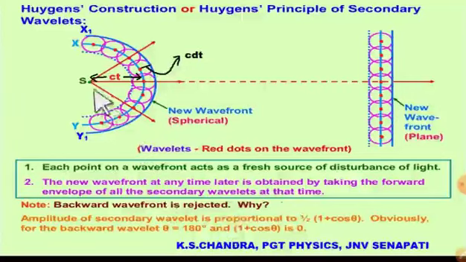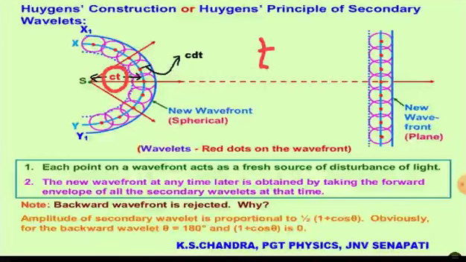Now you take a point source at this S. At the point S here, you take a point source, and at a particular instant of time, let's take it as small t. At this time t, the distance moved by the light wave will be ct, right?